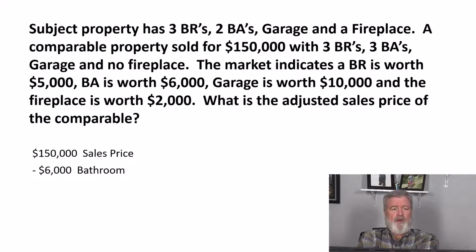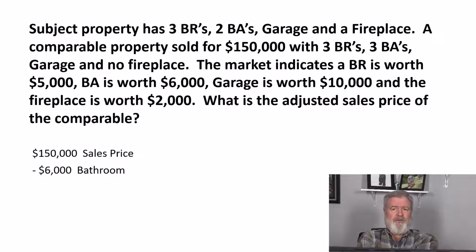Well, let's see. They both have a garage, apparently, so there's no adjustment for that. But here it says the comparable has no fireplace. The subject does have a fireplace, so we will have to make an adjustment there. And it says the fireplace is worth $2,000.